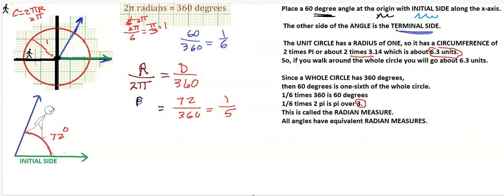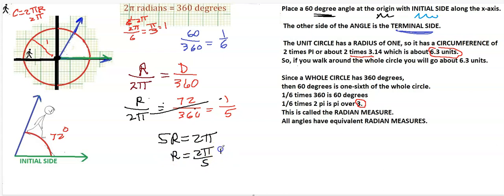I don't know what part of 2 pi r is, so I'm going to cross multiply. Recall this from algebra. r times 5 is 5r, and 1 times 2 pi is 2 pi. Divide by 5, and I get 2 pi over 5. That is the radian measure if the degree measure was 72.